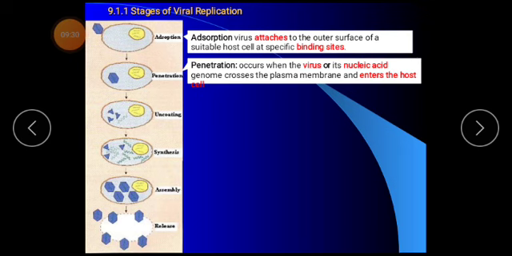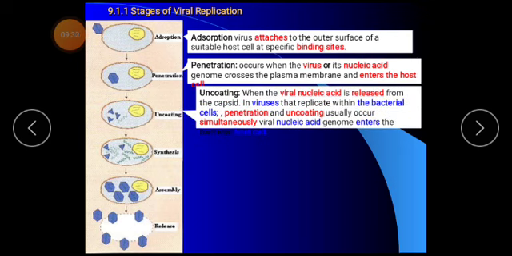So now, what we call uncoating. Uncoating is when the viral nucleic acid is released from the capsid in viruses that replicate within the bacterial cell. Penetration and uncoating usually occur simultaneously. The viral nucleic acid genome enters the cell.